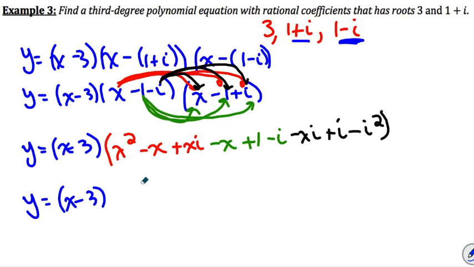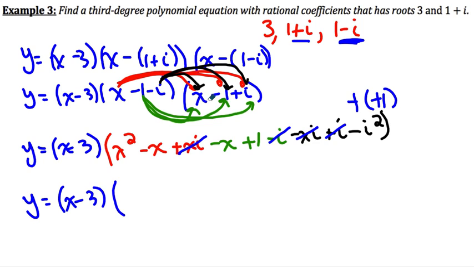All right, so let's do this part here. Now, xi minus xi cancels. Negative i plus i cancels. And then, so I don't have to rewrite this whole step, negative i squared is negative 1. So this part right here just ends up being plus 1, okay, which is going to combine together with this plus 1 right here.